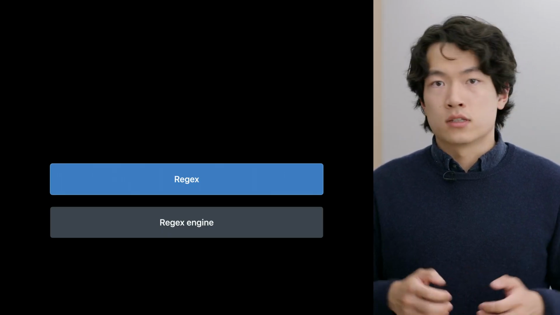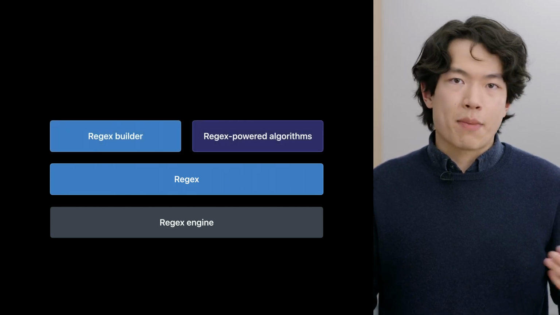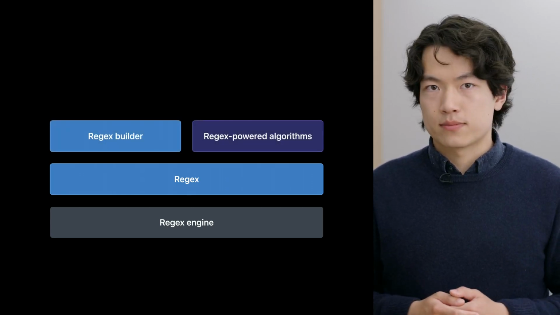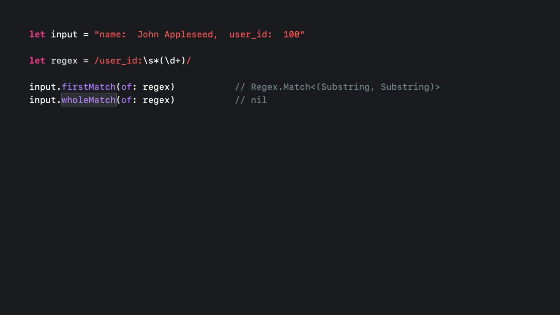With regex built on its underlying regex engine, the Regex Builder DSL and Regex-powered algorithms expand the power and expressivity of regex. Regex-powered algorithms are collection-based APIs that provide some of the most common operations, such as first match, which finds the first occurrence of a regex in the string, whole match, which matches the entire string against the regex, prefix match, which matches the prefix of a string against a regex.